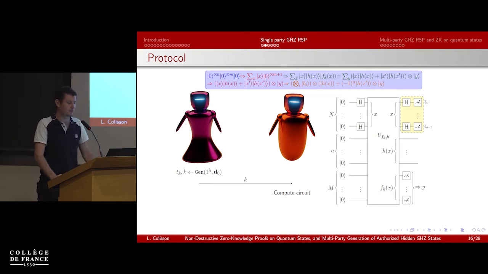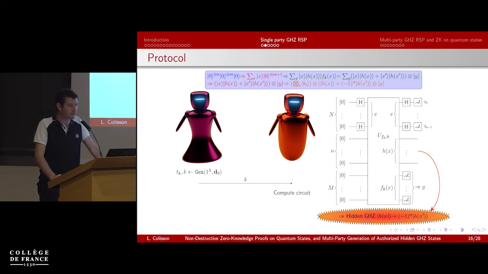We will get some measurement outcome b_i, and on the last register you will have basically the same state as before, h(x) and h(x prime), together with random phases. This (-1) to the power a will come from this measurement. I will give you the exact shape of alpha here, but what is important is that we have h(x) plus some phase times h(x prime).